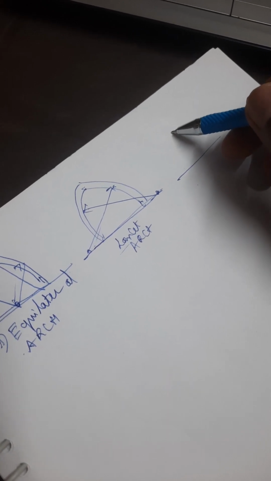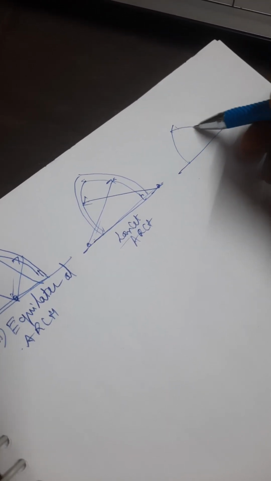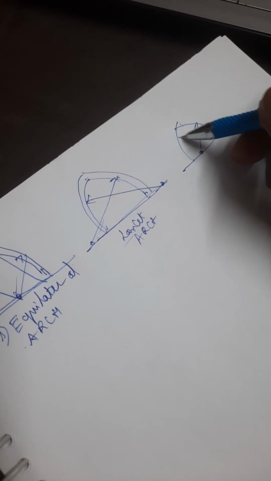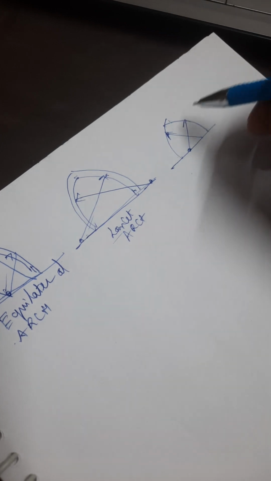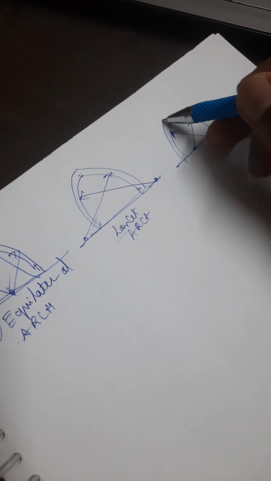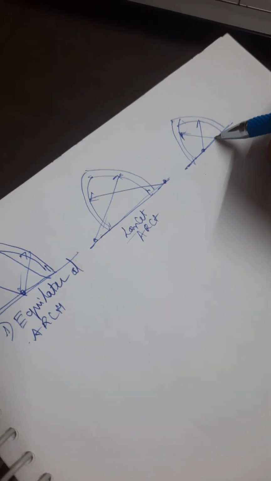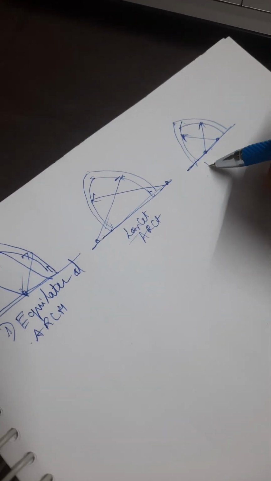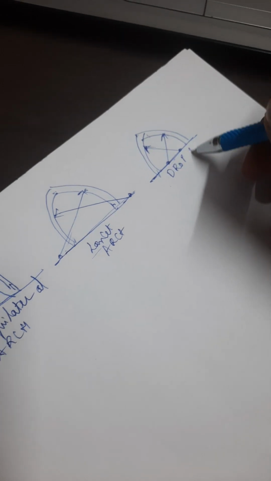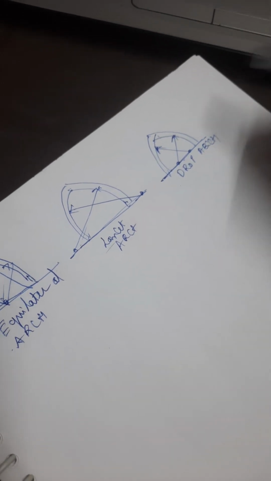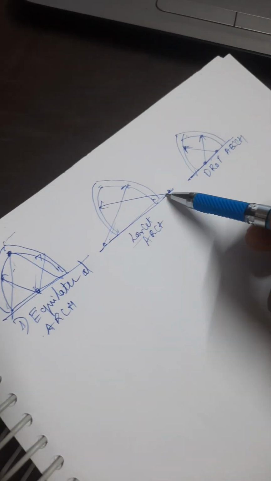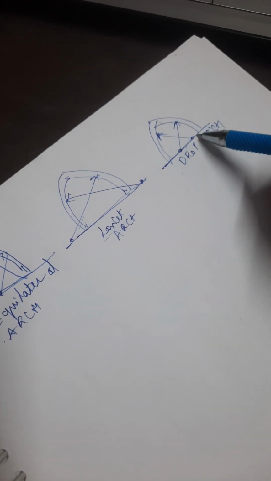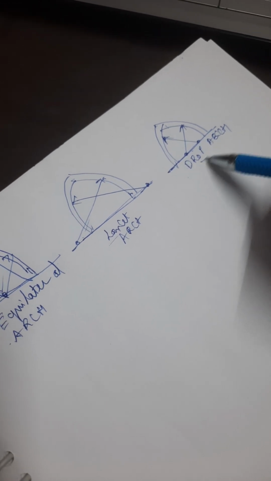One more pointed arch is there. This one has a small radius, which means drop. The name itself is saying it: smaller means dropped. The height is dropped, that's why it is called a drop arch. So if the radius is longer, then it is a lancet arch. If the radius is smaller, with the centers inside the intrados, then it is a drop arch.